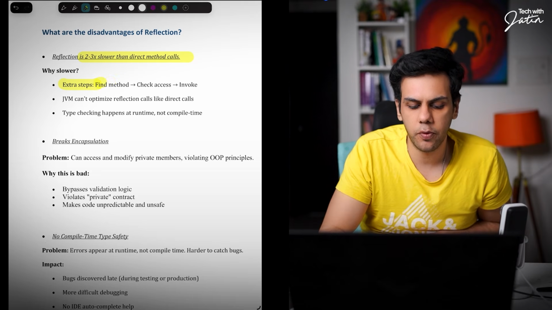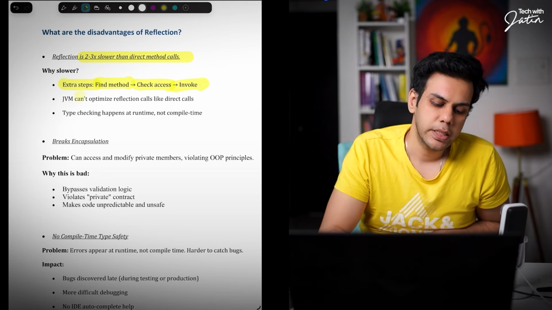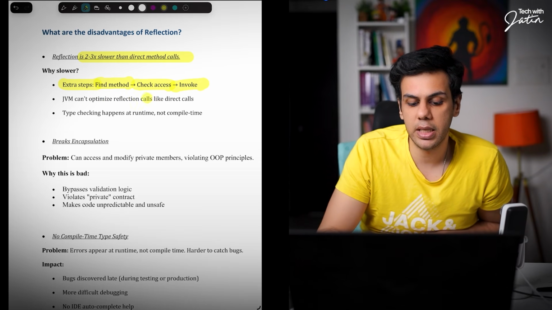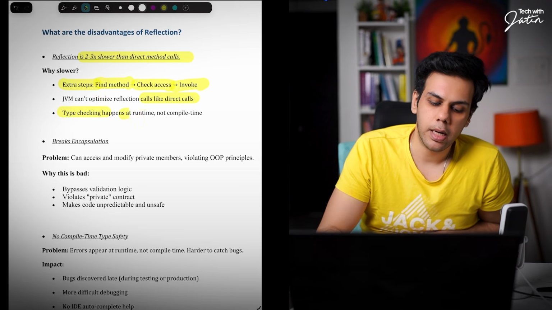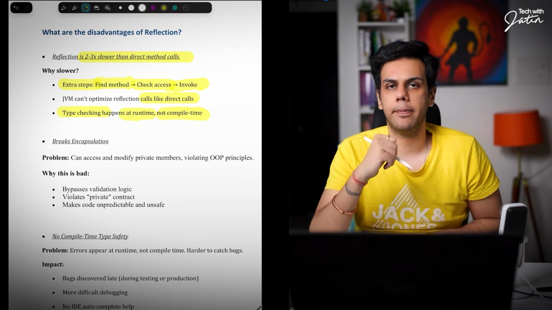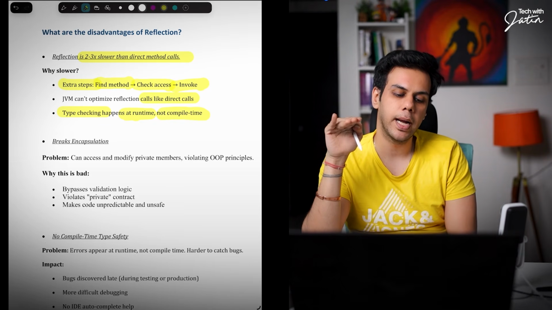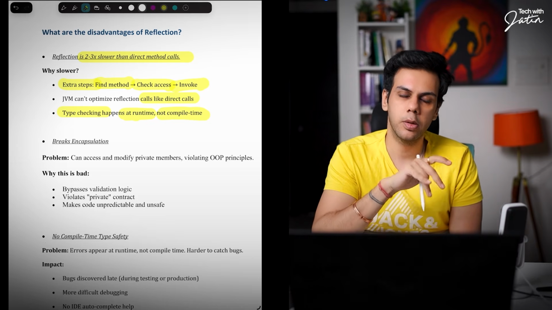We need to find the method, check the access, and then invoke. JVM cannot optimize the reflection like how it does for direct calls. Type checking happens at runtime and not compile time, and that's the reason it is slow.